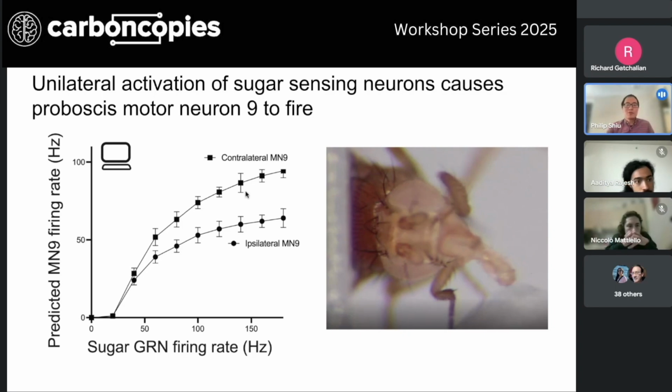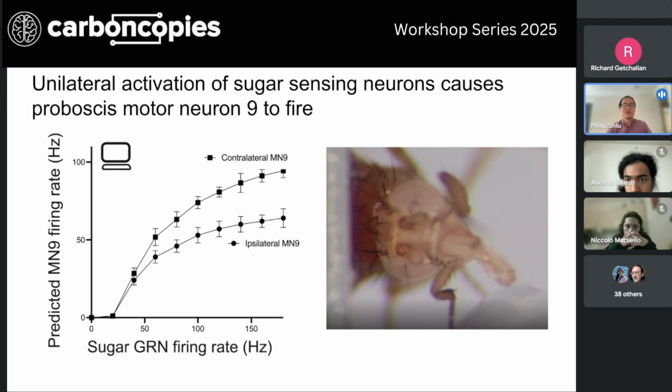And what was even more interesting was that the activation of the contralateral motor neuron 9, the neuron that is going to be on the opposite side of the fly's head, is stronger than the activation of the ipsilateral motor neuron 9.